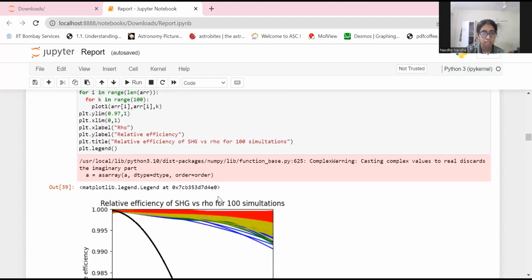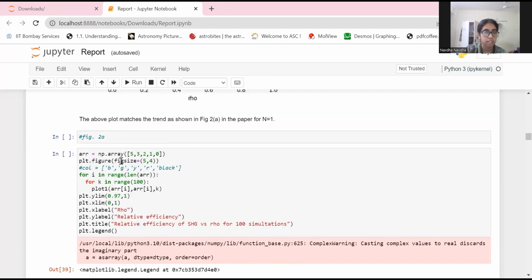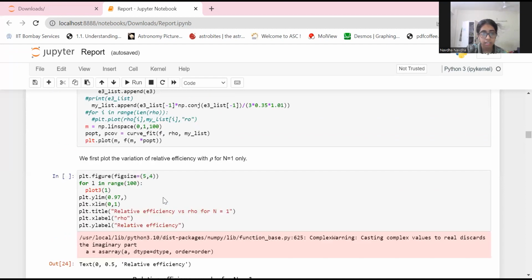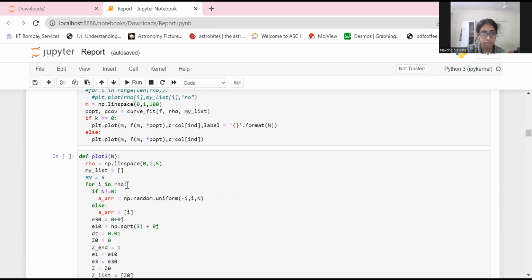It is clearer, and we'll be able to analyze this in a much better way, if we plot for all the n values together, which is done here. For each n value, we are running 100 simulations, and in each simulation we are taking 5 values of rho. For each value of rho, we have an interval minus rho to rho.